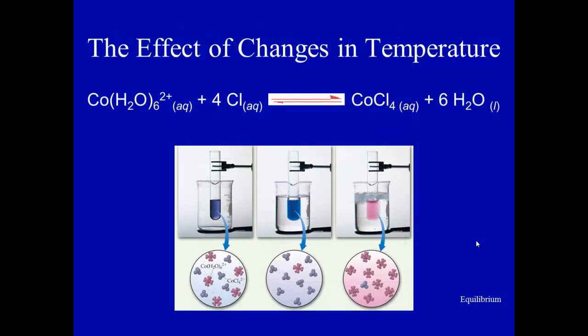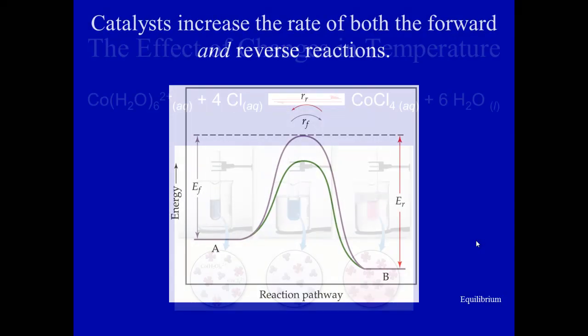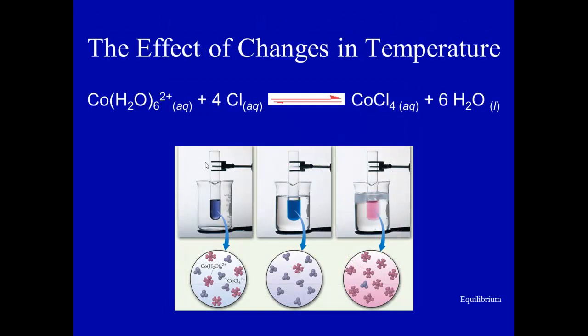Now, with changes in temperature, it works pretty much exactly the same way. So with this one here, heat is on the reactant side. I can tell because they put ice on that side, so they're removing heat.